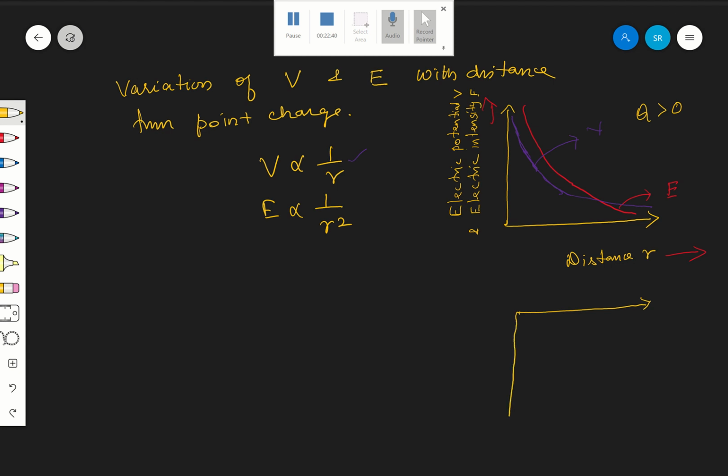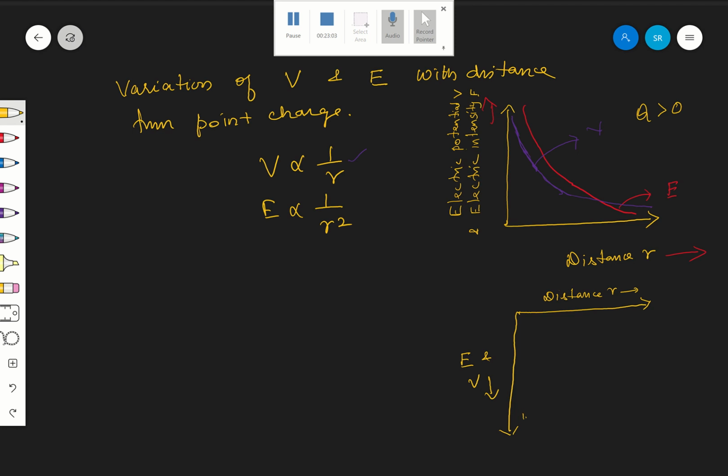the potential will be negative, and E will be negative, correct? Therefore, here E and V in this direction, and here is the distance R. Same thing here, E, and I have to draw it rapidly.